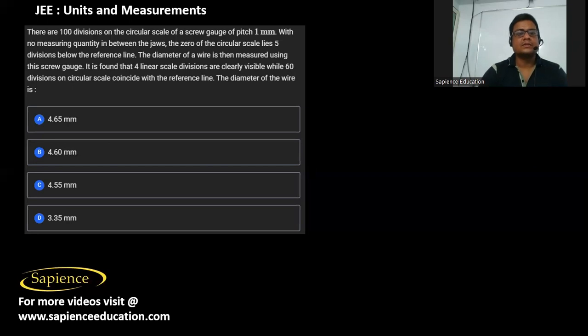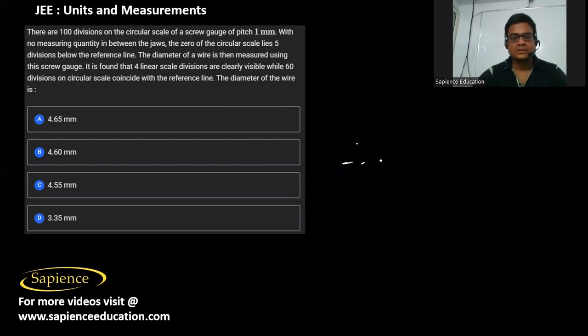And then the diameter of a wire is measured using the screw gauge. It is found that 4 linear scale divisions are visible, while 60 divisions on the circular scale coincide with the reference line. The diameter of the wire is.